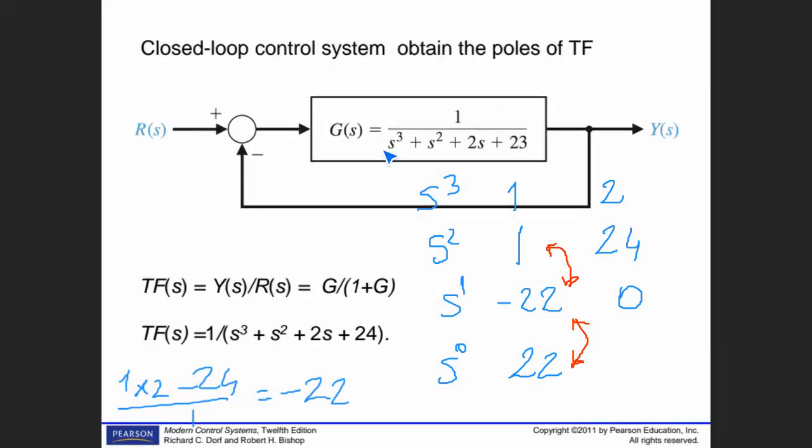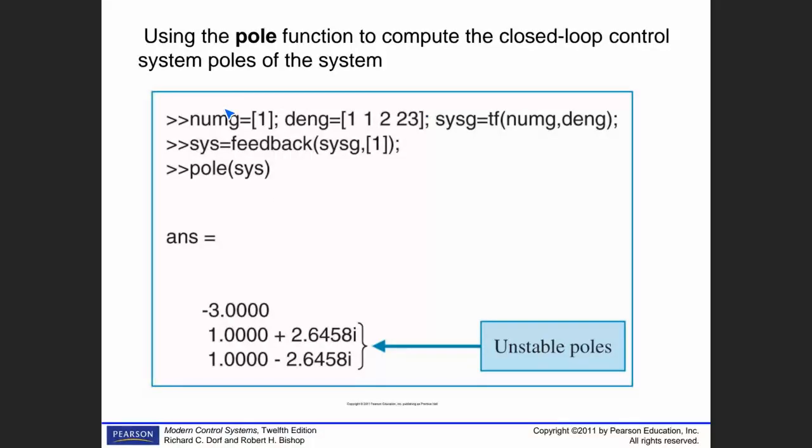But denominator'da we have 1, 1, 2, 23. Bakalım ne yazmışız oraya. Yeah, that's right. Numerator, num g, is equal to 1. So bir noktalı virgül. Denominator g is 1, 1, 2, 23. System g, this is a new definition for you. Transfer function num g den g.